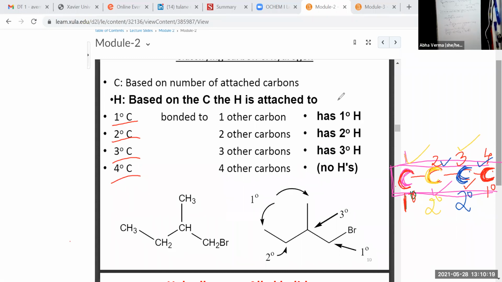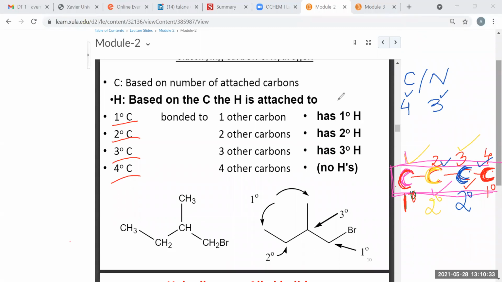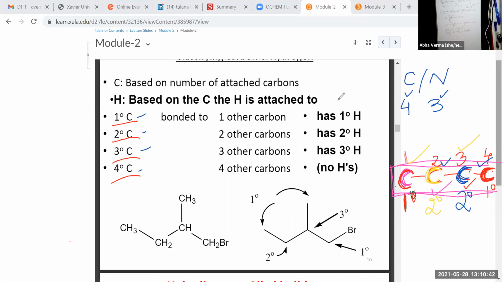Okay. So interestingly, all the hydrocarbons with a carbon or a nitrogen on them. Why carbon and nitrogen? Both of them are multivalent atoms. Carbon can make 4 bonds, nitrogen can make 3 bonds. So with multivalent carbon and nitrogen, we will have to classify them as a primary, secondary, tertiary, or a quaternary. So a primary carbon is attached to one other carbon.